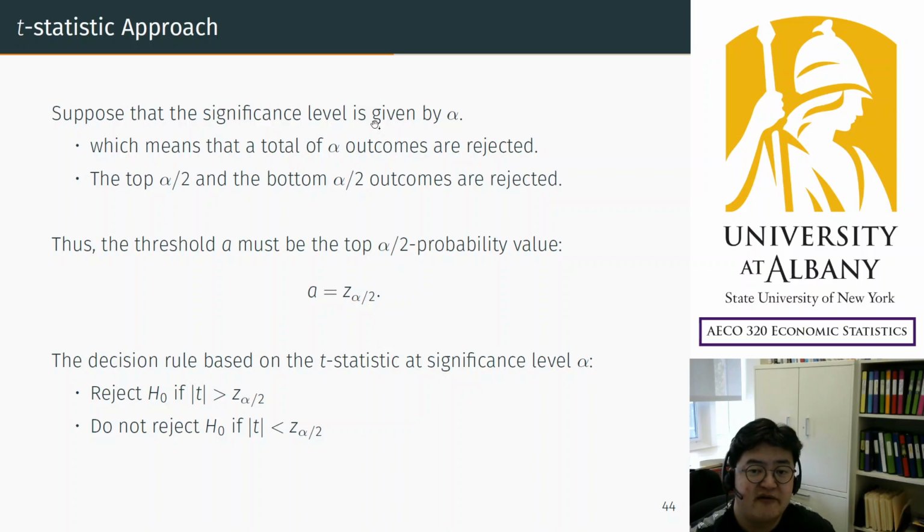Significance level alpha is a probability. When alpha equals the p-value, that means on both sides, each tail probability is alpha over 2, right? So alpha probability is rejected, and that means the top alpha over 2 and bottom alpha over 2 are rejected. So what we want is the cutoff that has tail probability alpha over 2.